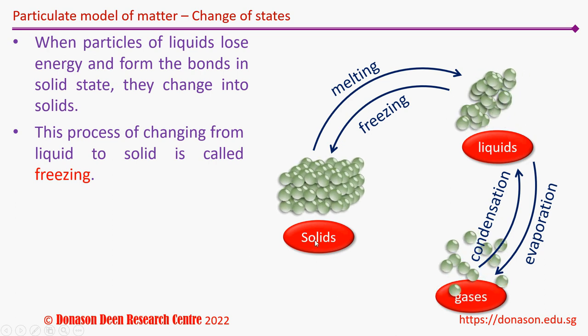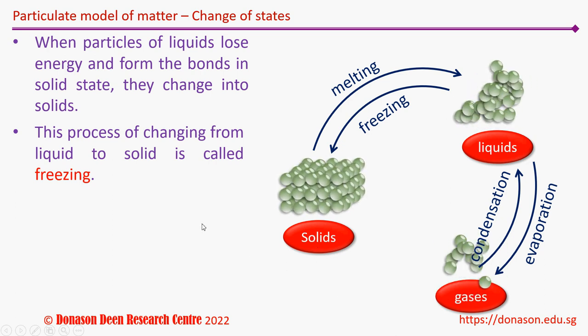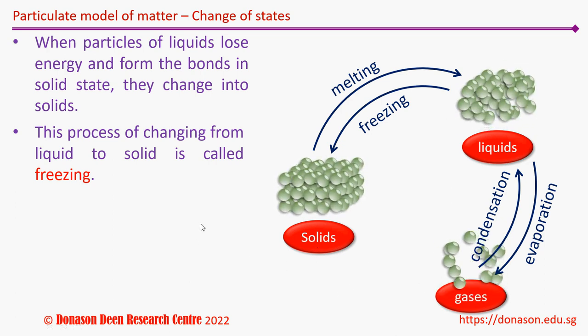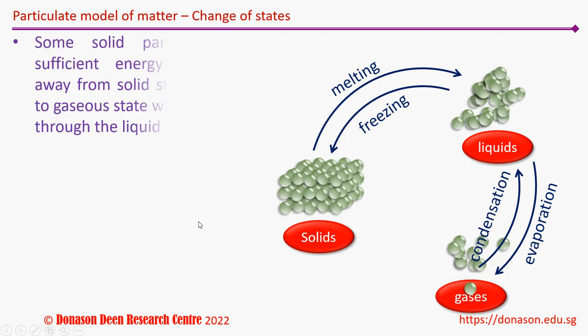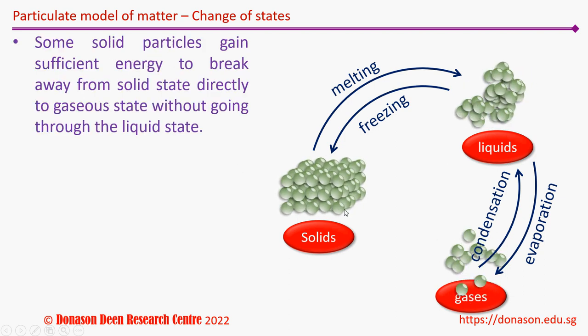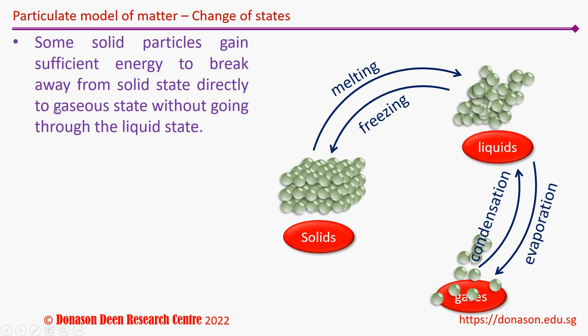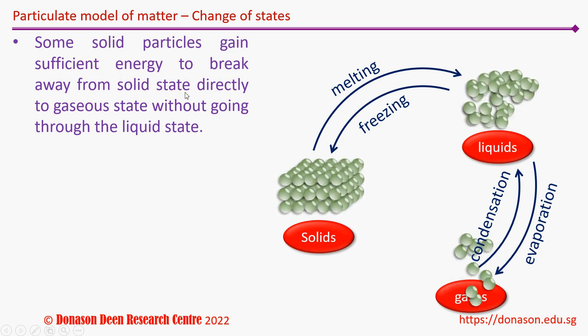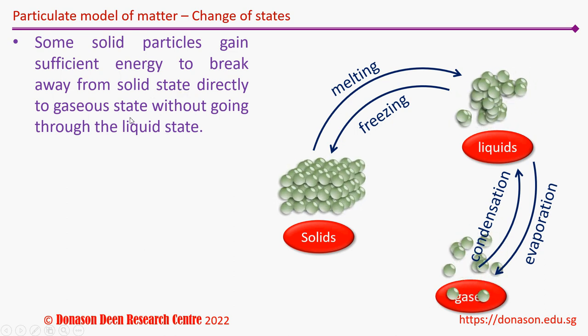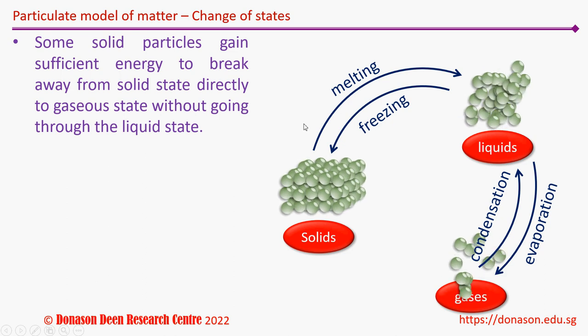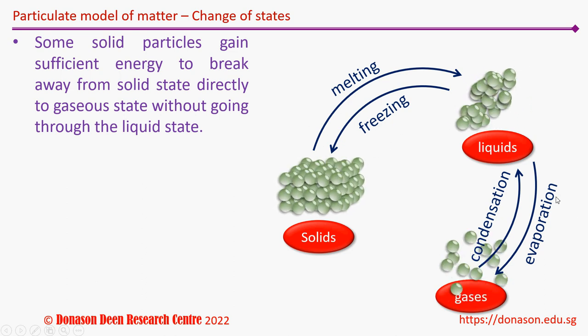Now is it possible for solids to become gases directly, or gases to become solids? Of course it can. Some solid particles can gain a sufficient amount of energy to break away from the solid state and go directly into gaseous state without going through the melting process and evaporation process.